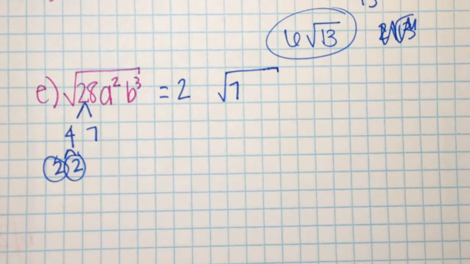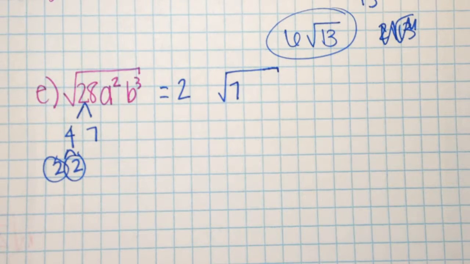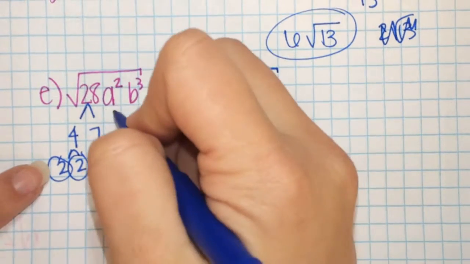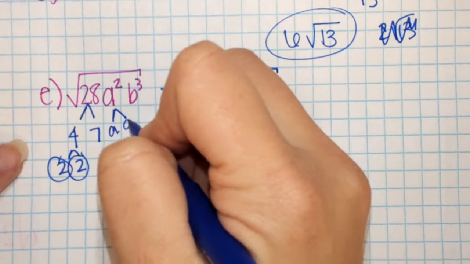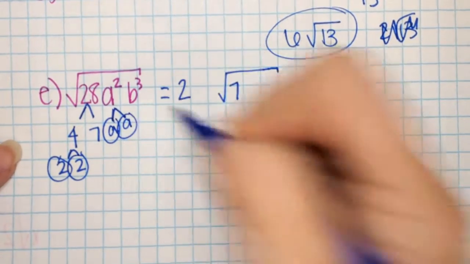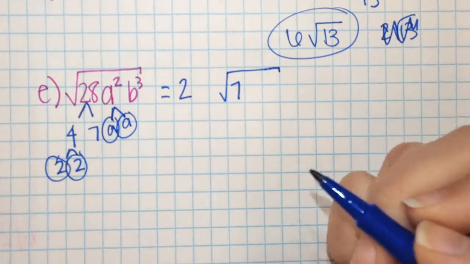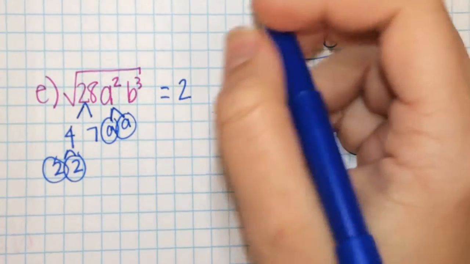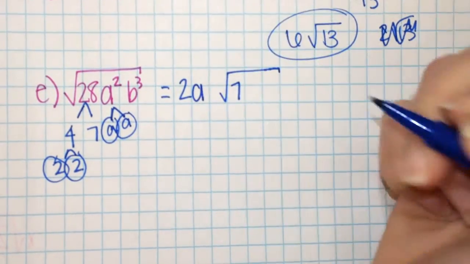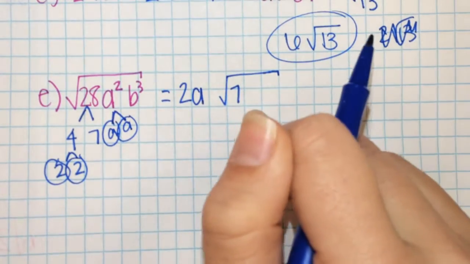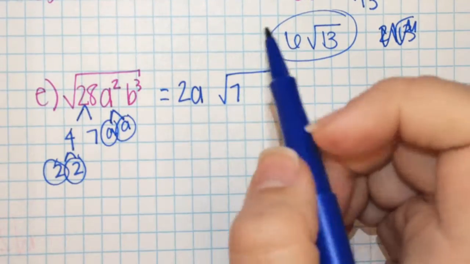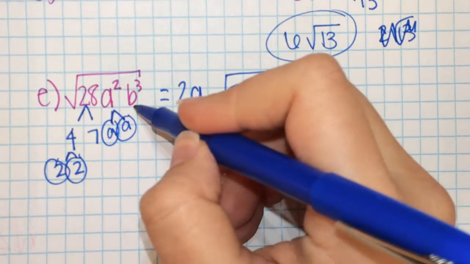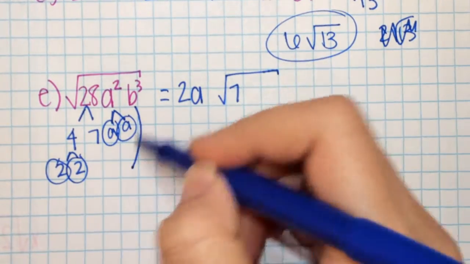7. Okay, now let's look at our letters because this is where the fun begins. How many A's do we have with A squared? 2. And we need 2 of the same letter, correct? So how many of the A's are going to go outside? 1 of them. Do any stay inside? No, because we have 2. Alright, let's look at B cubed, and I'm going to bring it down here and split it.